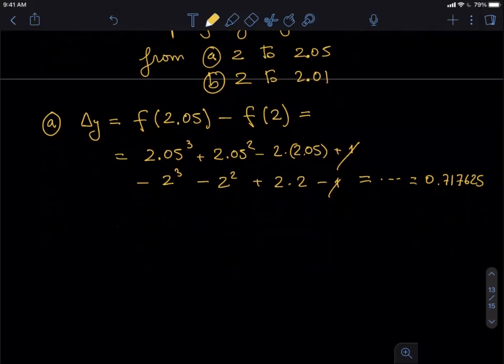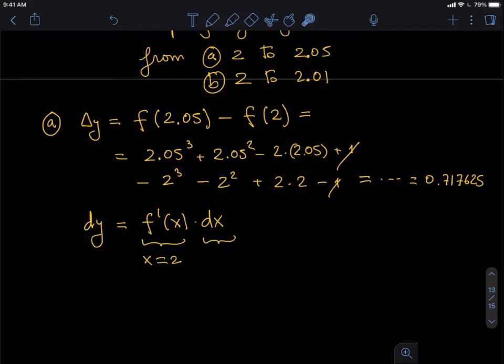Okay. All right. So now dy, the definition is f prime of x times dx. And here there are two things that we need to figure out. What is x? Given the problem, we are saying that we change from 2 to 2.05.